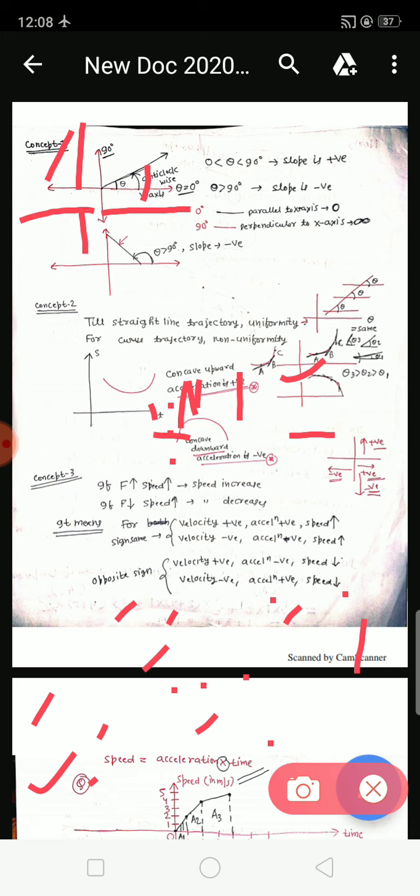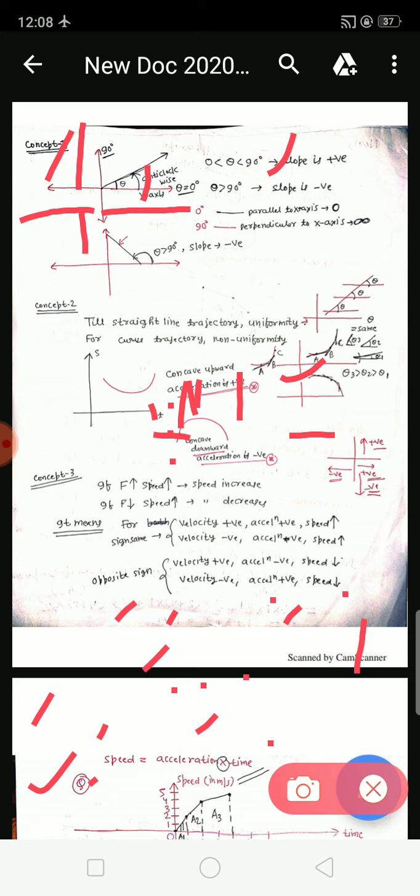It means that there is one concept. If this theta value is between 0 degree and 90 degree, in those cases the slope will be positive.